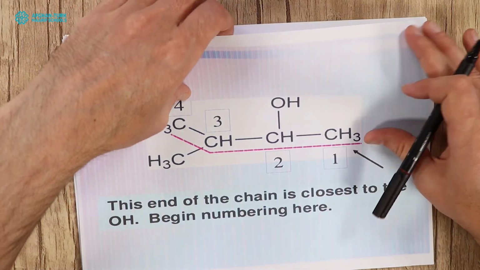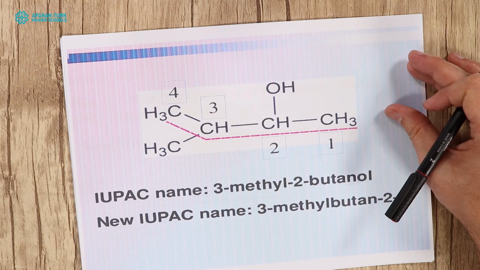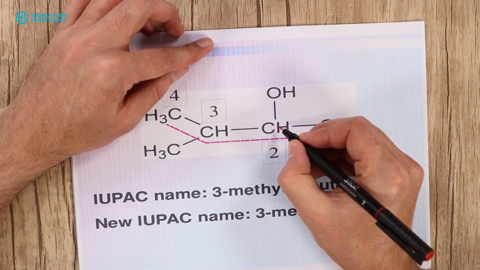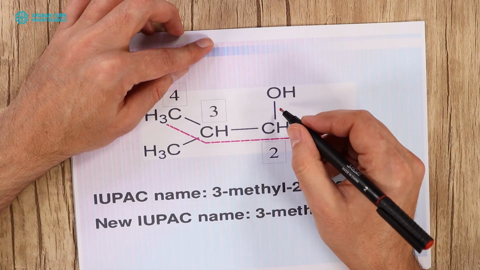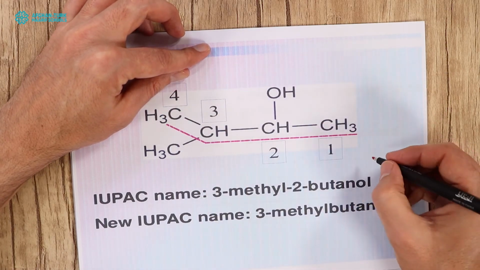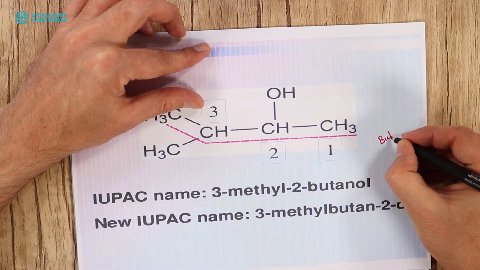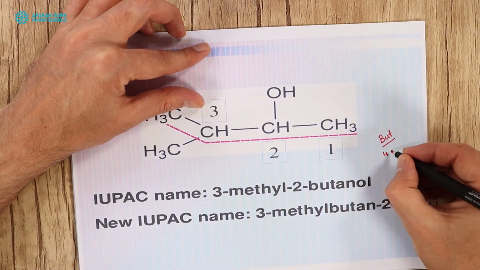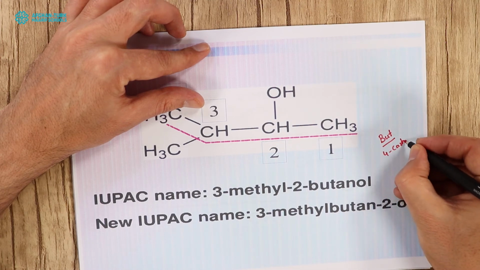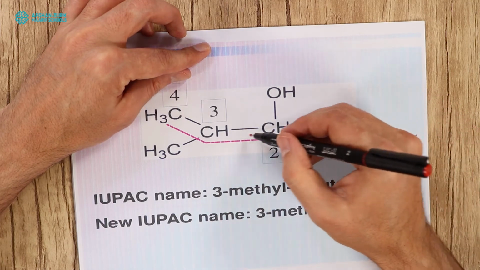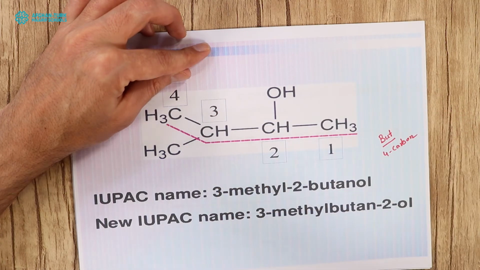This is the rule, and according to the rule we will solve it. How can I give the name to it? It is on the second carbon, so it is 2-butanol, because 4 carbons are here, and but means 4 carbons. Totally it becomes butanol. Why?